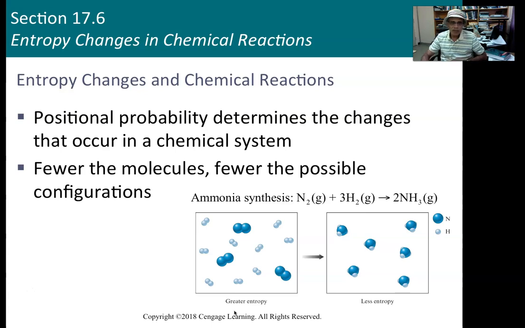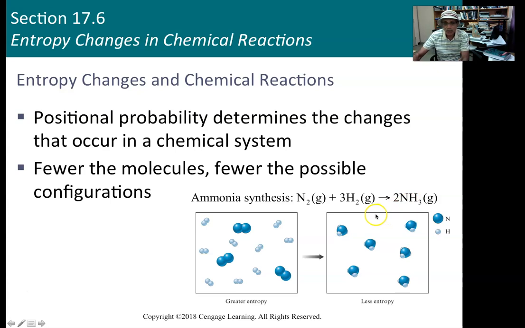Now, if you look at this chemical reaction, the entropy change for ammonia synthesis. So nitrogen gas combining with hydrogen gas to give you ammonia gas. The mole ratio is 1 to 3 to 2. Altogether, the number of molecules on the left is 4, 1 from nitrogen and 3 from hydrogen, and 2 on the right.